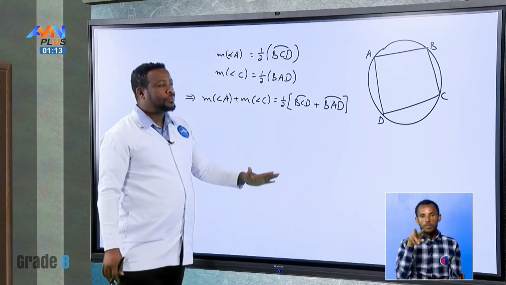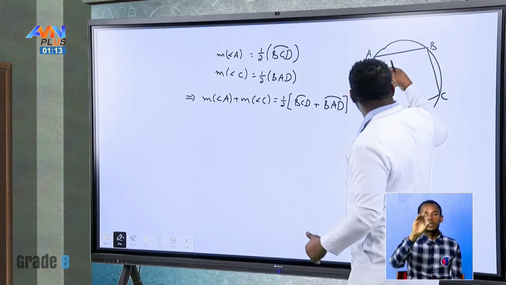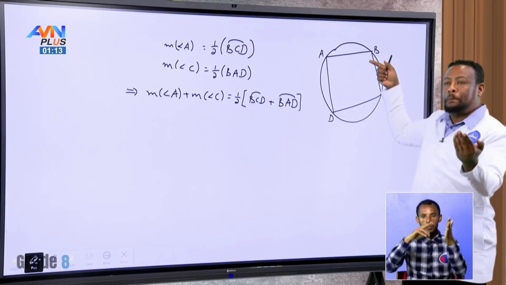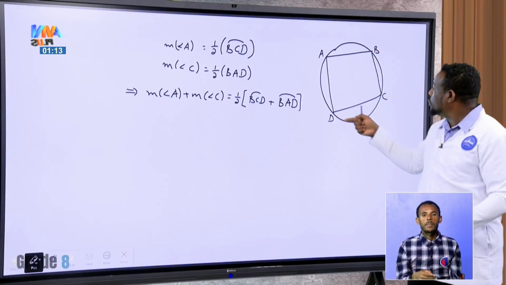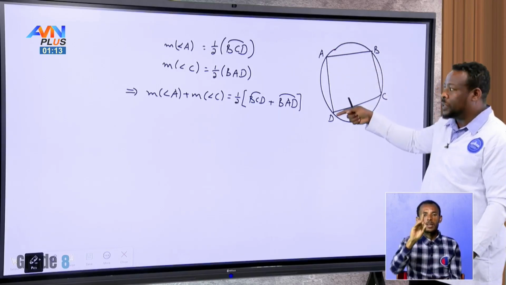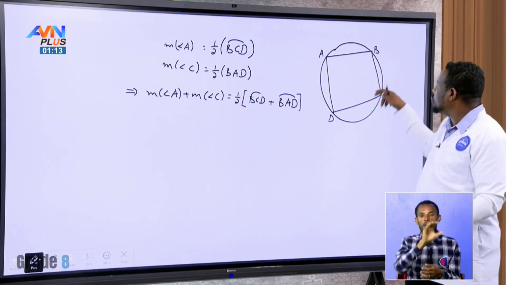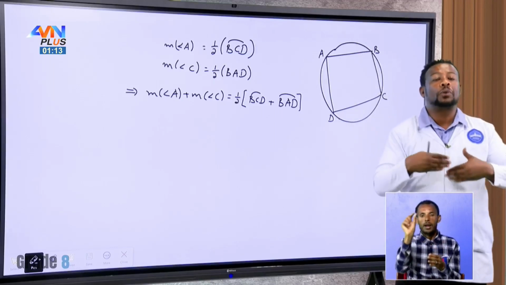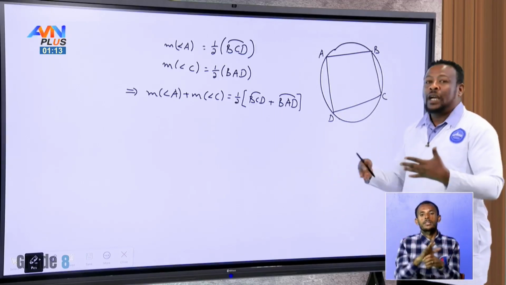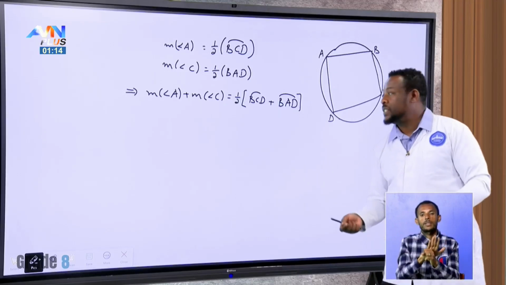Look, here BCD refers to this portion of the circle, and BAD is this part, okay? As you can see, these 2 arcs form a complete circle. So you all know that the degree measure of a complete circle is 360 degrees.